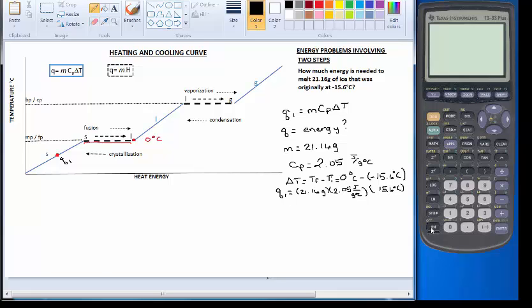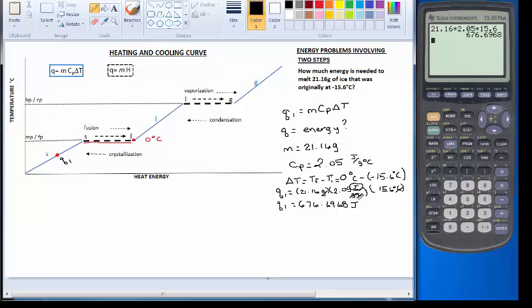So if we plug all of this information into our calculator, we would say 21.16 times 2.05 times 15.6. So our answer for Q1 is equal to 676.69668, and our unit, gram, cancels out with gram on the bottom, degrees Celsius cancels out with degrees Celsius on the top, to leave us with the unit of joules.